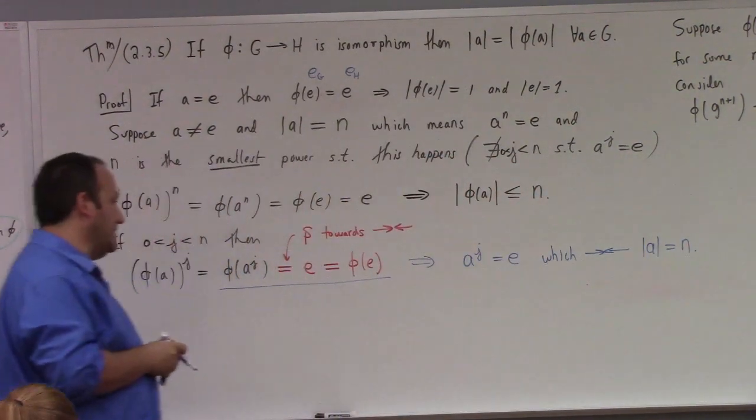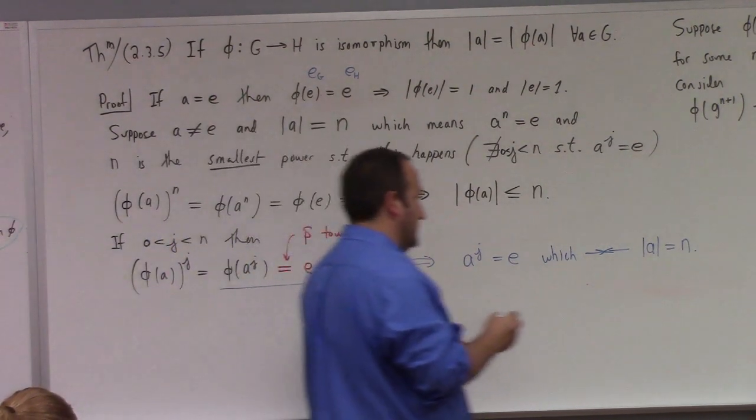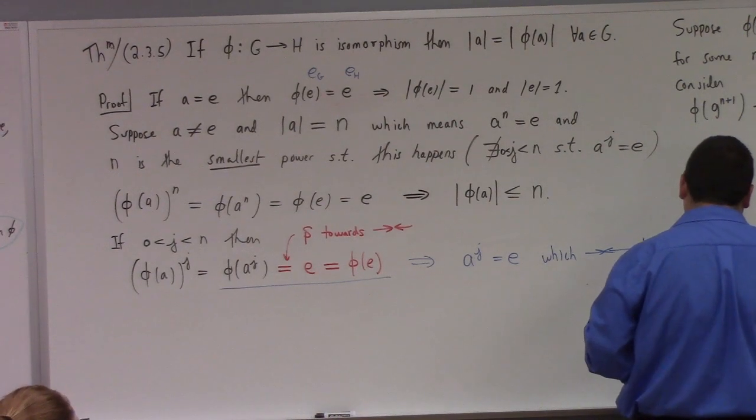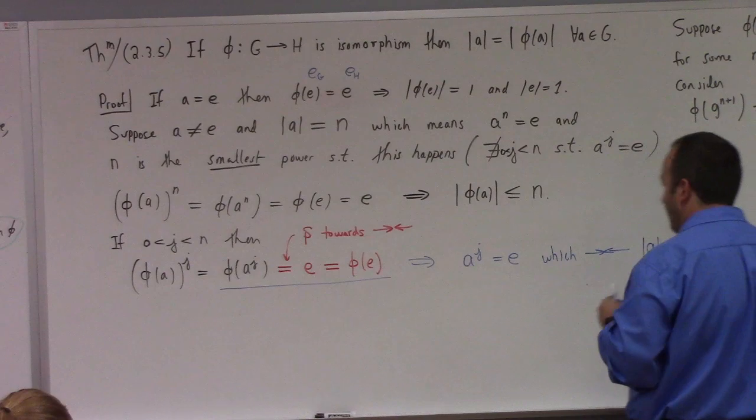Therefore, what I wrote in red is absurd, and in fact, no power j less than n gives us back the identity, which proves, right? So this implies, continuing the red thought, that the order of phi of A is equal to n.